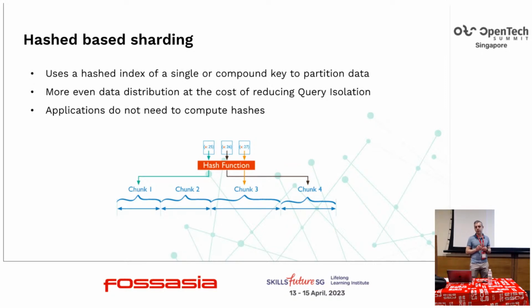And with this, the data will be randomly distributed. So by doing this, we can have a better data distribution across the cluster, across the shards, but at the expense of not-so-good query isolation when we are scanning a range of shard keys.